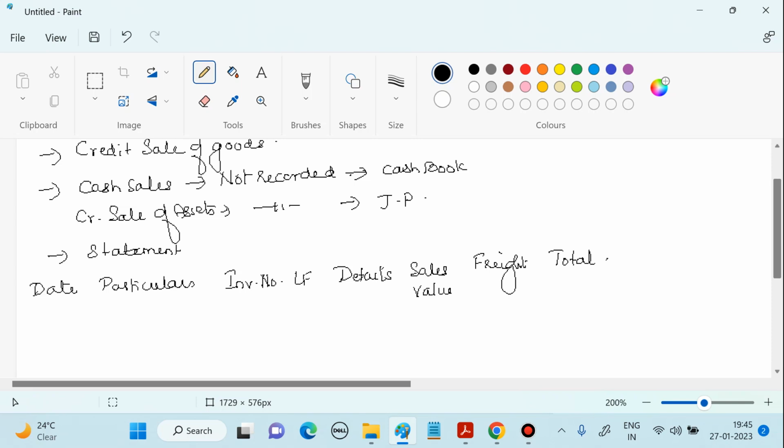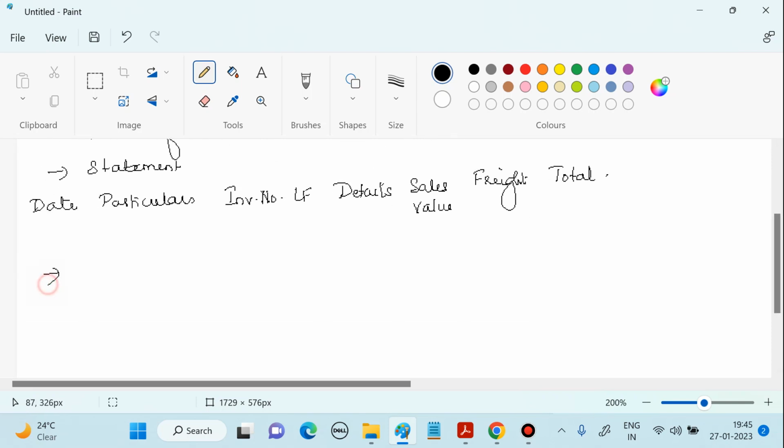And while recording, similar to the purchases book that we had learned, we would be taking the list price of that particular item, that is the quantity into the rate. That would be written. From that, first what we'll deduct? The trade discount.